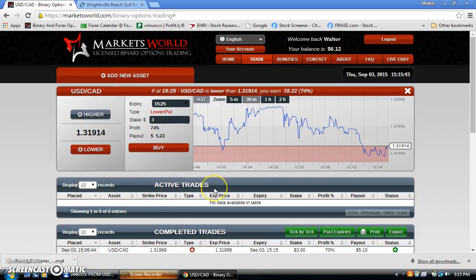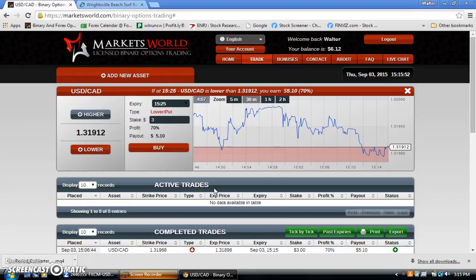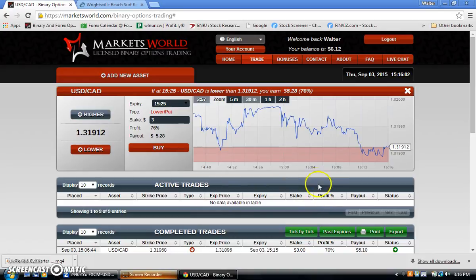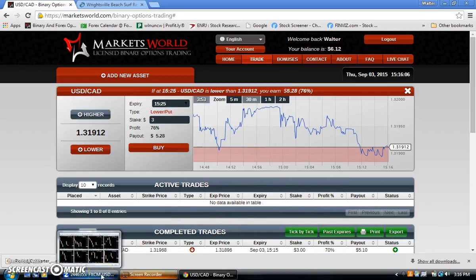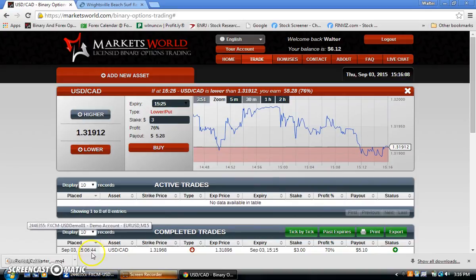I'm doing anywhere between 5 to 10, or not even 5, maybe 6, 7, 8, 9, 10 minutes, only because my broker here doesn't give me the option to do exactly 5 minutes, and sometimes that works in my favor, and lately it's just been working out of my favor. So when I look at the charts, usually the 5 minutes works a little bit more consistently.